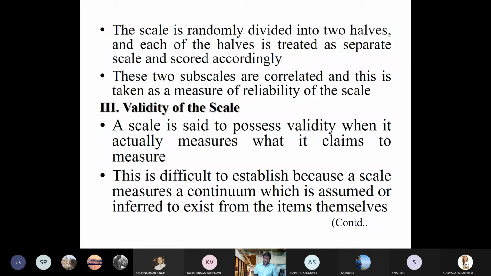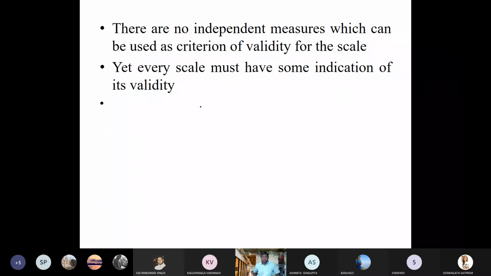So that's why it is really difficult, because unless a scale has validity and reliability, it will be difficult to measure something. There are no independent measures which can be used as a criterion of validity for the scale. Yet every scale must have some indication of its validity, because unless it has proper measurement, we cannot depend on it.